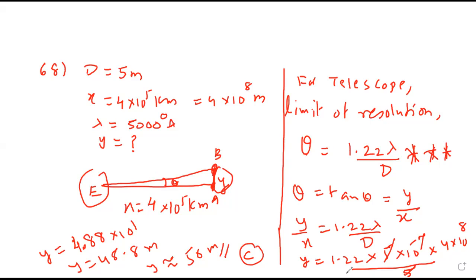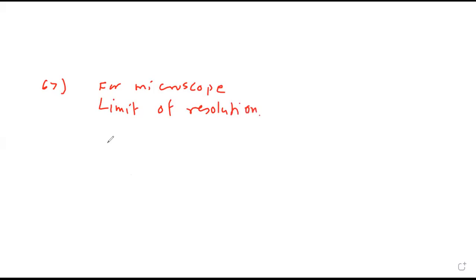Okay. Sum 67. I'm just writing the formula for a microscope. Limit of resolution, d, is equal to 1.22 lambda upon 2 mu sine alpha.